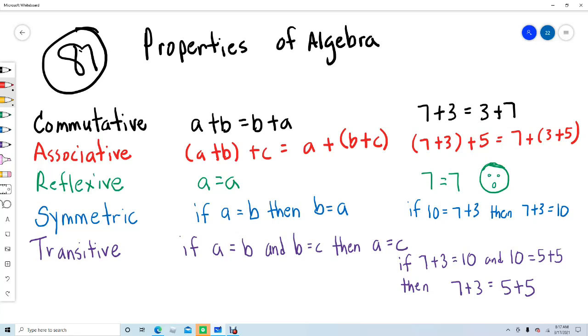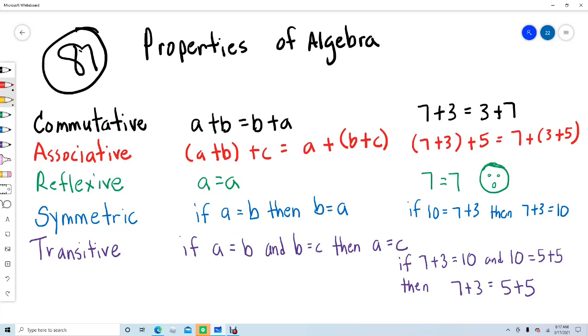In lesson 84, they went over properties of equality, and that dealt with teaching you that whatever you do to one side of an equation, you must do to the other side to keep things equal. That's a very basic principle in algebra.